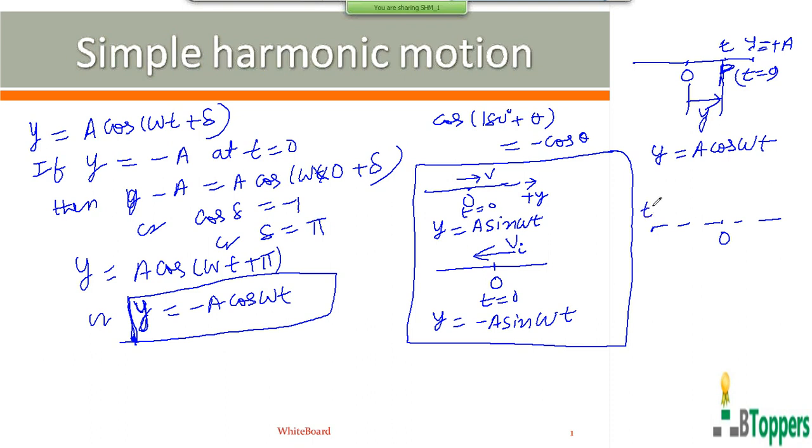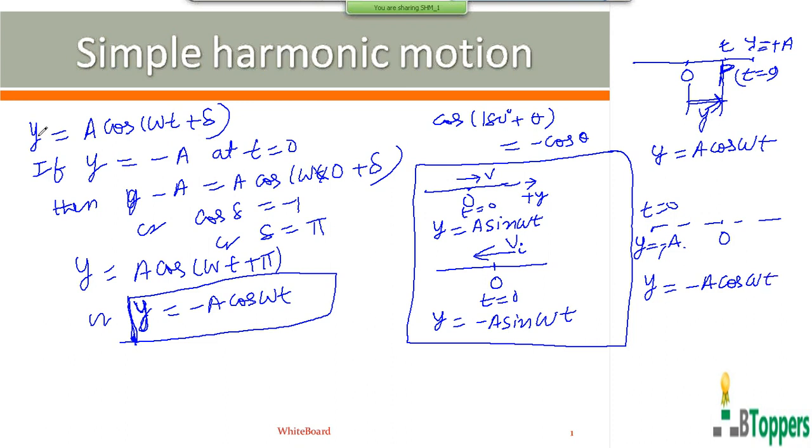If the particle performing simple harmonic motion is initially at the negative extreme position, then the equation for the displacement y from the mean position at time t is given by y equal to minus a cos omega t.